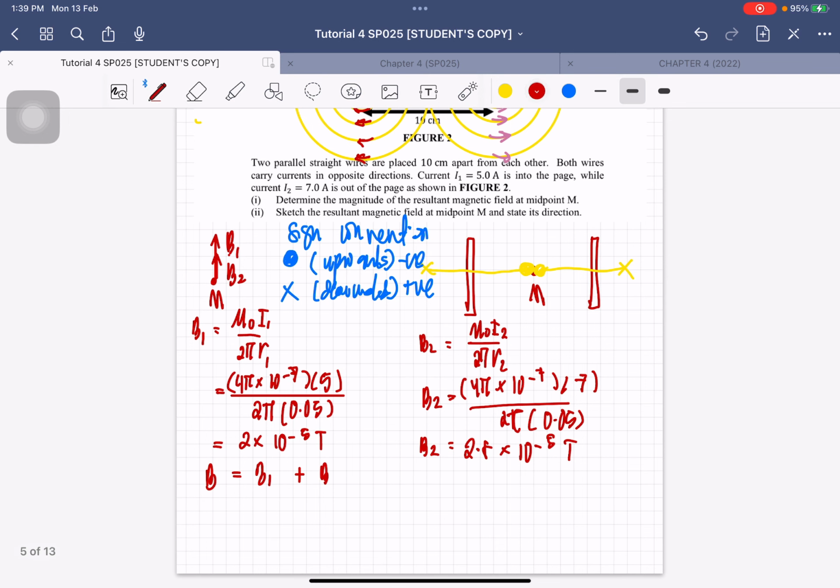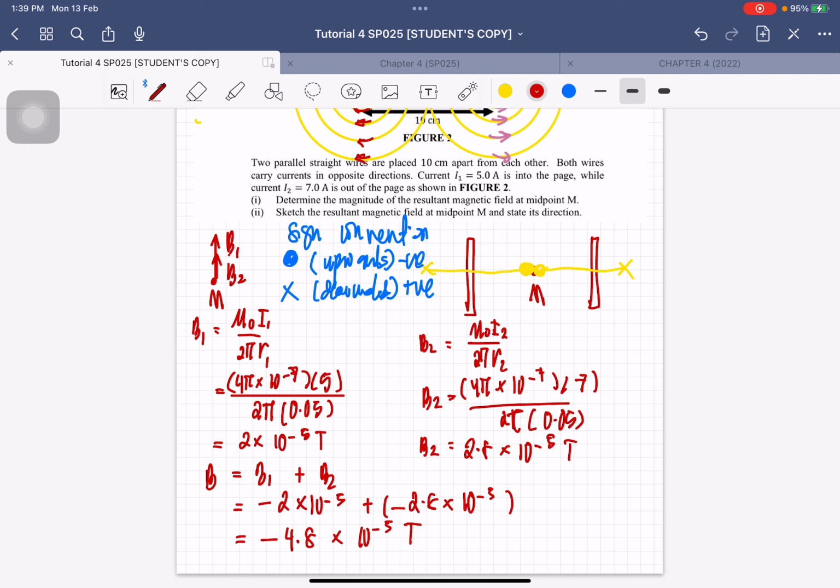So kamu letaklah di sini B2 kan. So B1 is negative 2 times 10 to the negative 5 plus B2 which is negative 2.8 times 10 to the negative 5. So kamu akan dapat the resultant to be equal to negative 4.8 times 10 to the negative 5 Tesla.